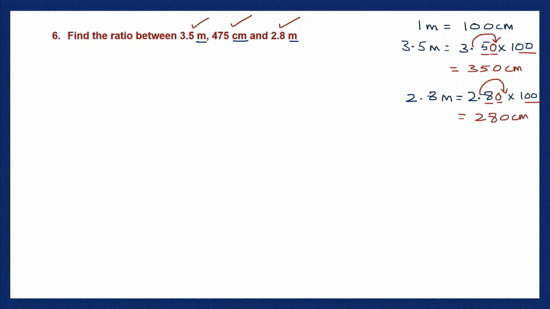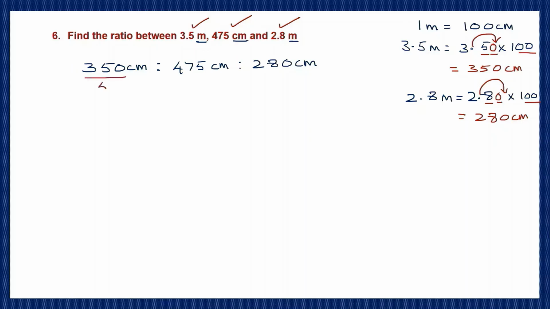So the first one is 350 centimeters is to 475 centimeters, which is already in the question. And the next one is 280 centimeters, which we have converted. Now we need to divide them all by a common factor. Which is a common factor? 5.